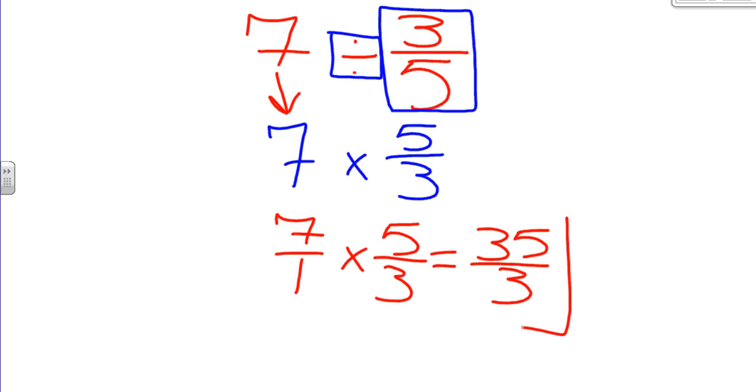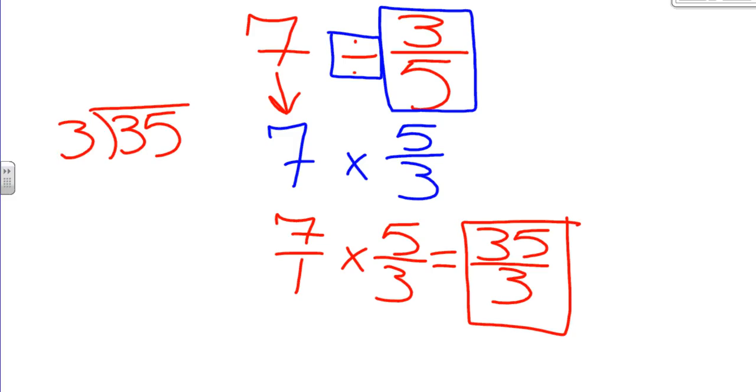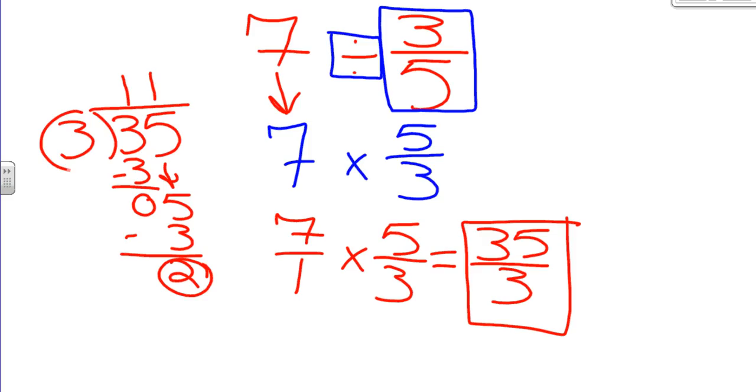Now I need to simplify my improper fraction. 3 goes into 3 once, remainder of 0, bring down the 5, 3 goes into 5 one time, and I have 2 remaining. This is 2 parts out of 3. 2 out of 3 can be written as 2/3. Your answer is 11 and 2/3.